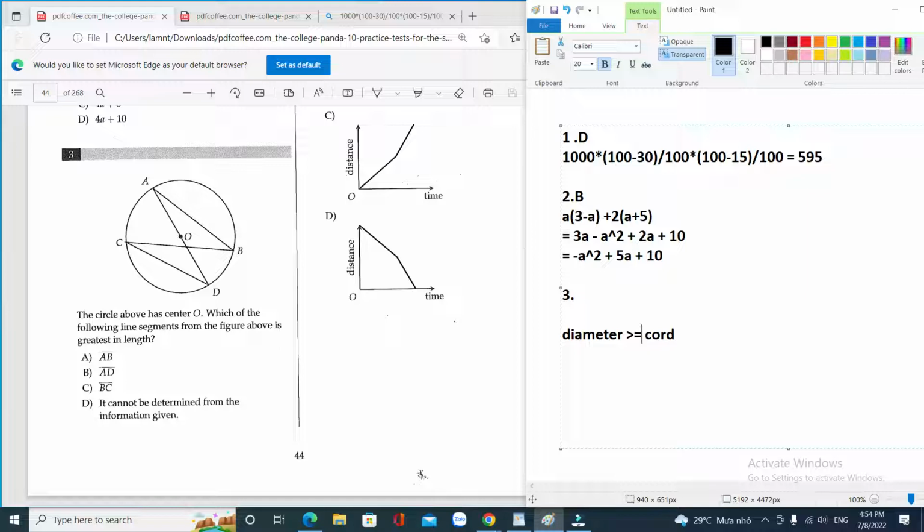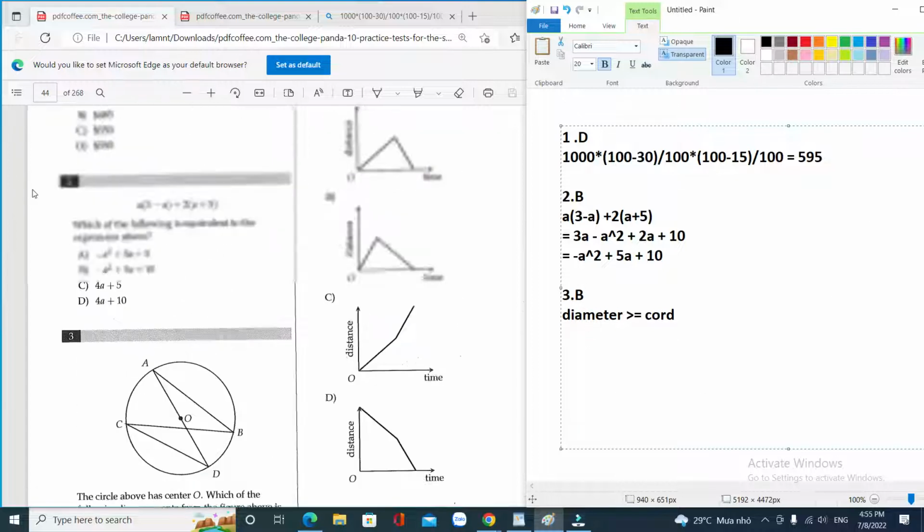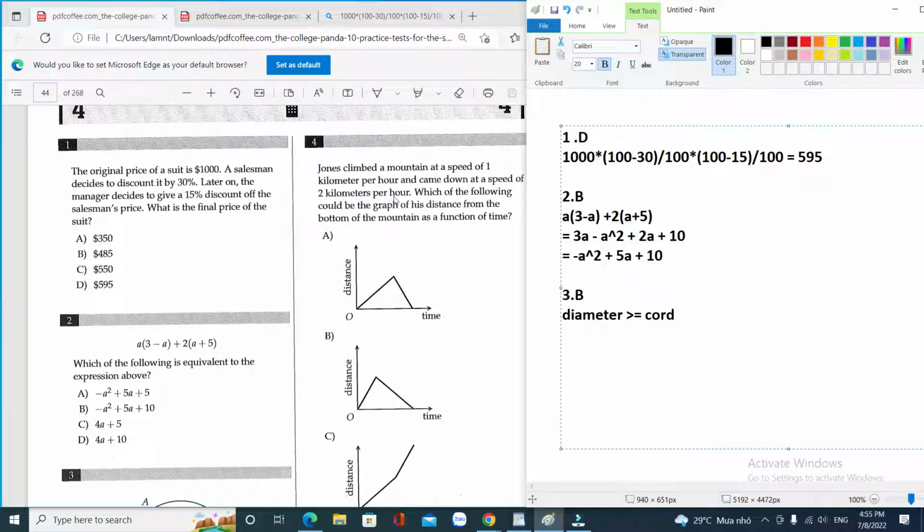So the greatest length is actually B, which is AD, right? Because AD is the diameter, and the length of the diameter is always bigger than or equal to the chord. So yes, number 4.